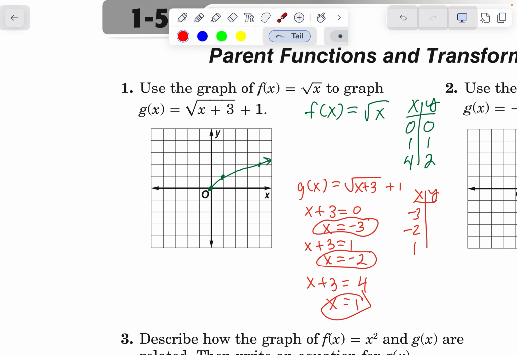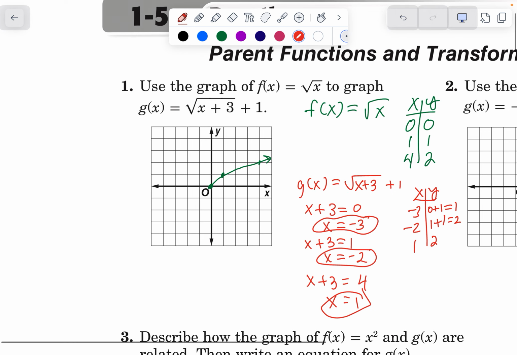So now, if we plug in -3, we get 0. The square root of that is 0 plus 1. So 0 plus 1 is 1. If we plug in -2, -2 plus 3 is 1. The square root of 1 is 1. 1 plus 1 is 2. And then finally, if we plug in 1, we get the square root of 4, which is 2. 2 plus 1 is 3.